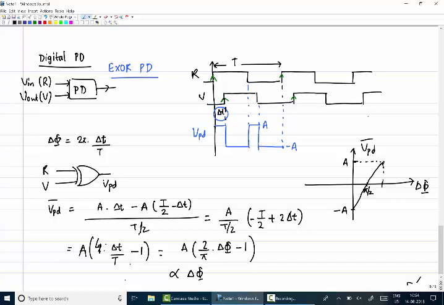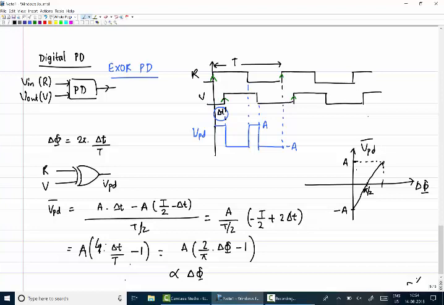Okay, so now look at it. Typically an XOR is a digital block which is non-linear in terms of its input to output characteristics, but the way we are using it, the average of the phase detector output is linearly related to the input phase error. Now what happens on the two sides, you can plot it. The logic is this one.